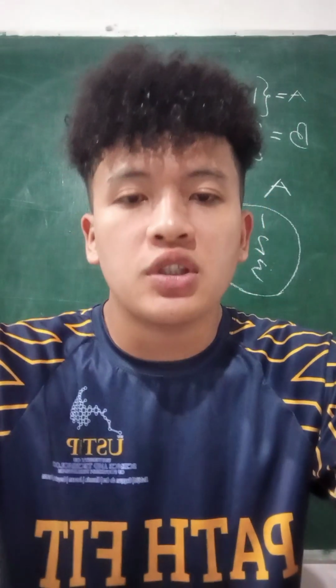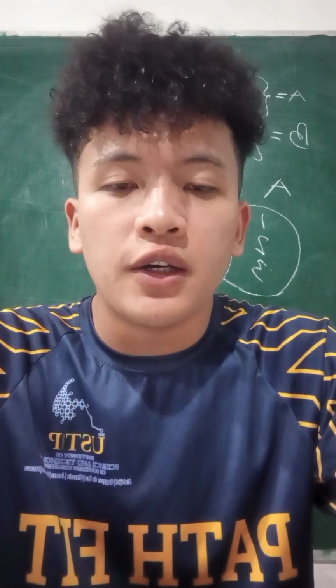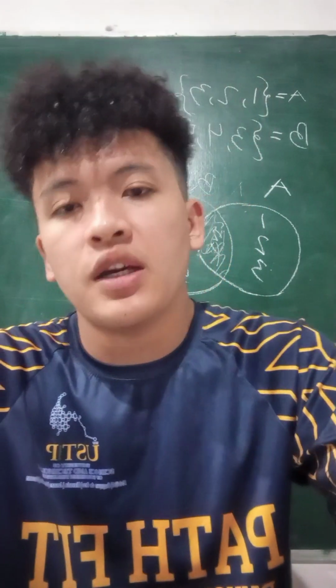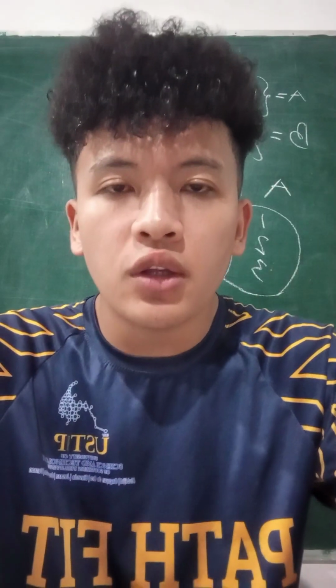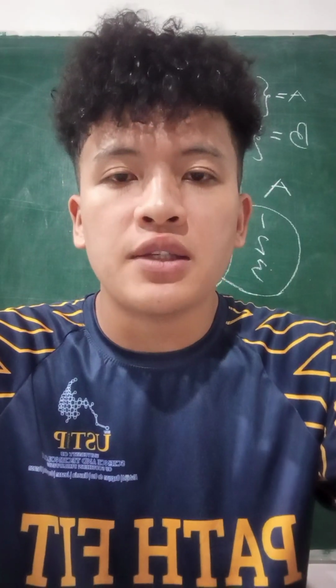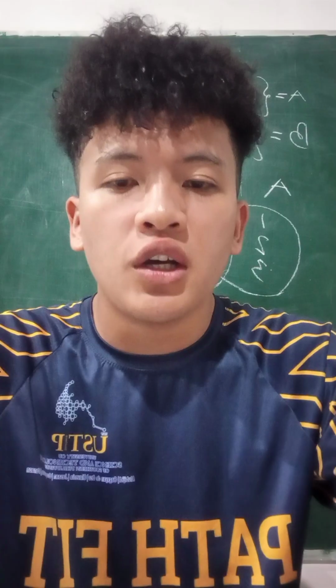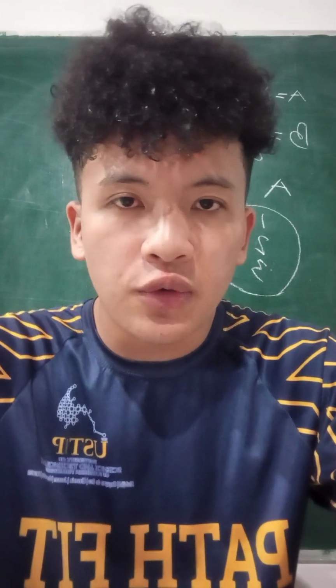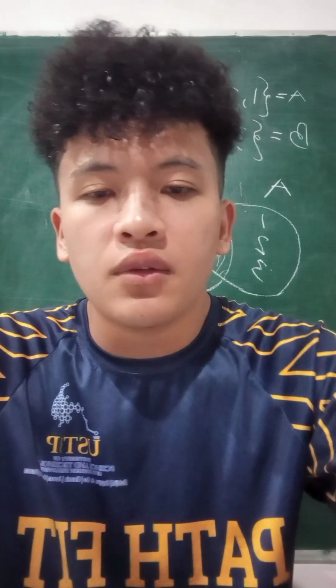So I guess that is a very engaging discussion. We're going to be proceeding to our activity. I hope that you listened very well so that you can participate actively in our activity.